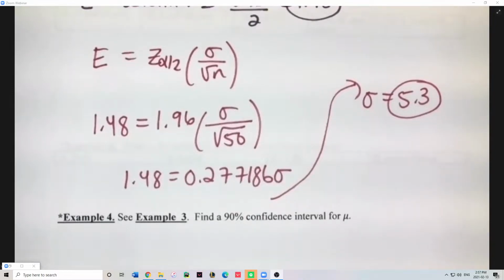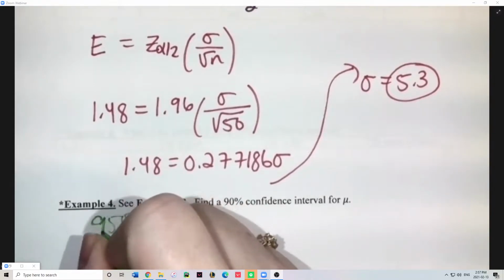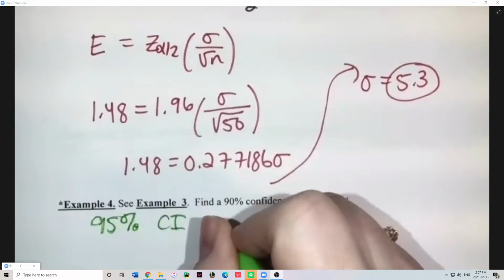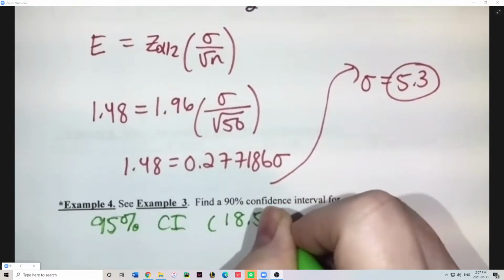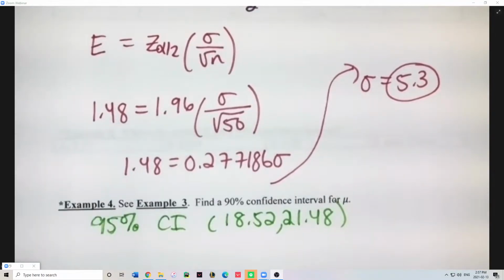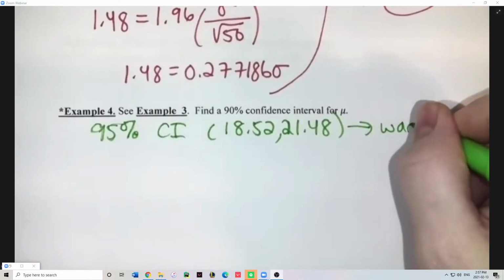Okay, so find a 90% confidence interval. So we have a 95%, and we want a 90%.